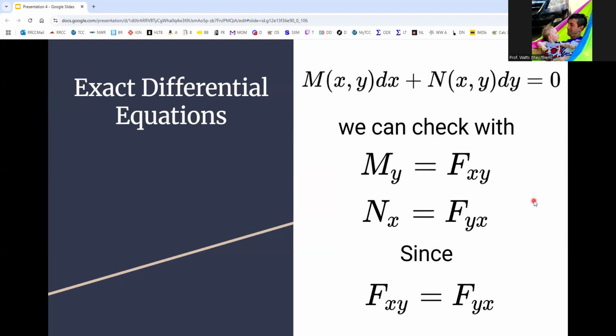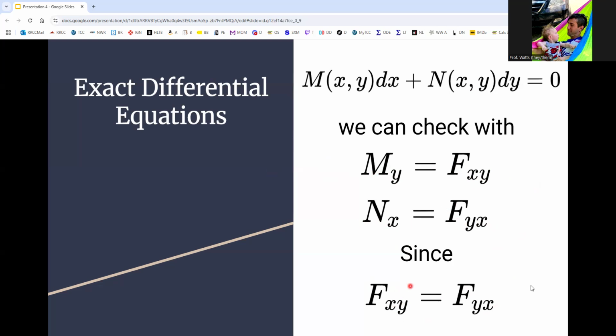Well, we take advantage of Clairaut's theorem in that if these functions are well behaved, then the second order mixed partials should be equal. So since M was the partial derivative of F with respect to x, then the partial derivative of M with respect to y is the mixed partial F xy. Similarly, the partial derivative of N with respect to x is F yx.